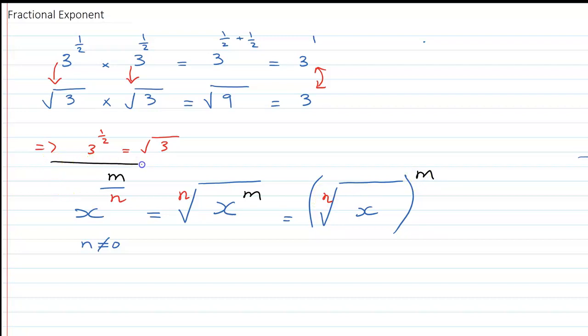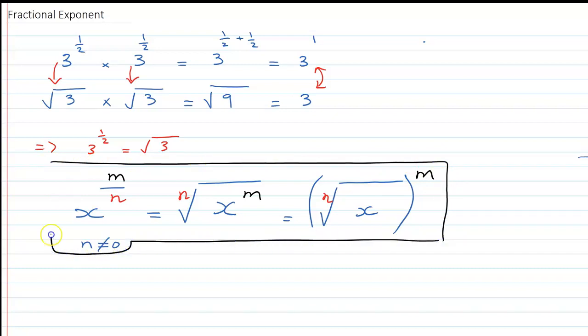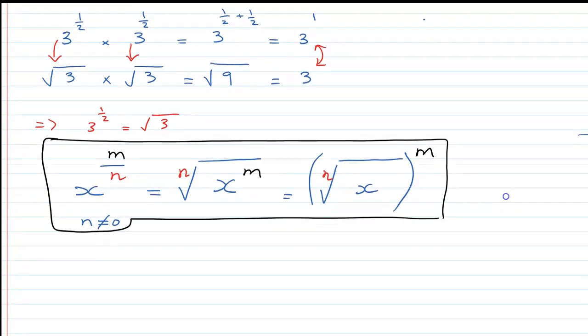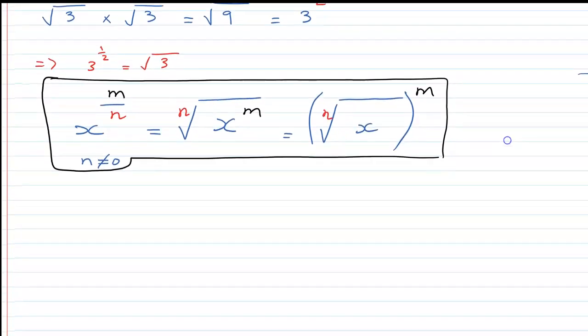So all three of these are actually equivalent to each other. All right, so that is the fractional exponent relationship that you have to remember, and every time you can switch back and forth between the two.